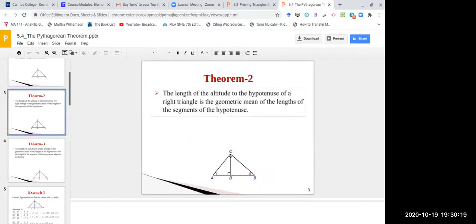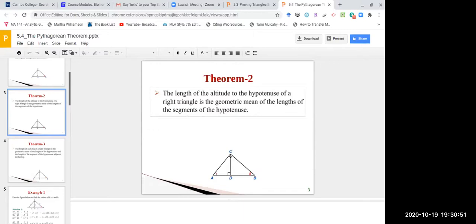So here we're talking about taking a right triangle and splitting it down the hypotenuse and making 2 right triangles that are similar to the original. So we have the length of the altitude of the hypotenuse of a right triangle is the geometric mean of the lengths of the segments of the hypotenuse.